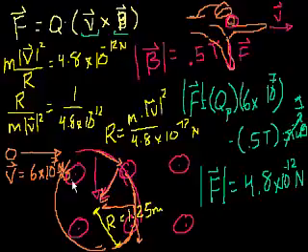And then the other application, this is actually one where it's useful to make the particle go in a circle, is these cyclotrons that you read about, where they take these protons and they make them go in circles really, really fast, and then they smash them together. Well, have you ever wondered, how do they even make a proton go in a circle? It's not like you can hold it and guide it around a circle. Well, that's what they do.